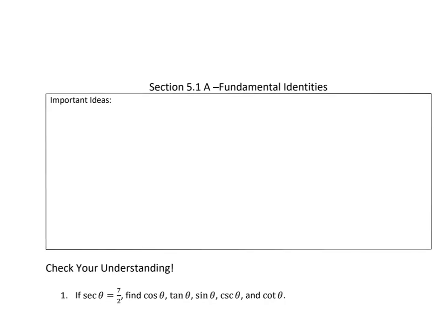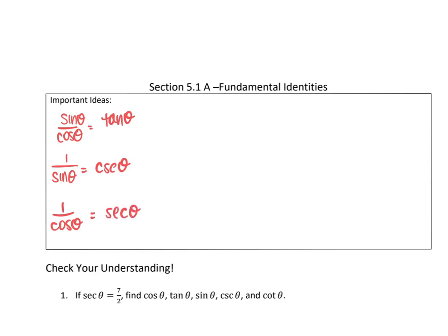And we are going to first review some important trig functions. We know that sine of theta divided by cosine of theta is tangent theta. And then 1 divided by sine of theta is cosecant. And 1 over cosine theta is equal to secant.